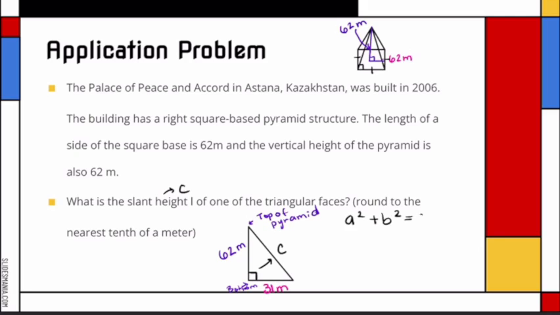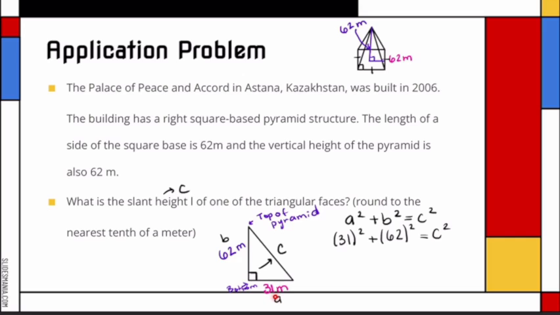The most difficult thing about these application questions is figuring out what goes where in the problem. For example, some people may not have noticed that you have to divide 62 by 2 to get this side down here. But once you have that down, it's very easy.